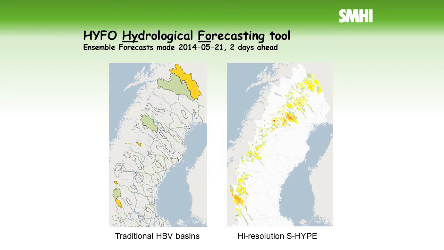This is an example of a forecast a few years ago where we had flooding, especially in this area, in Norway mainly. And you can follow the flood level as a return period. So yellow here means more than 10-year return period, which is the flood warning level 2 in our case. So you can see quite nicely on the map which areas are affected.